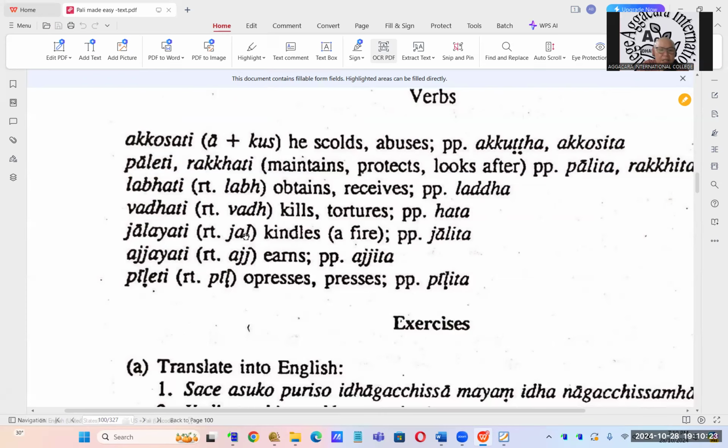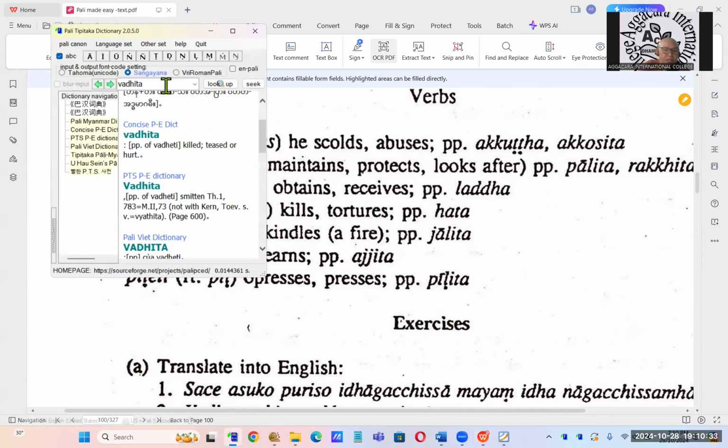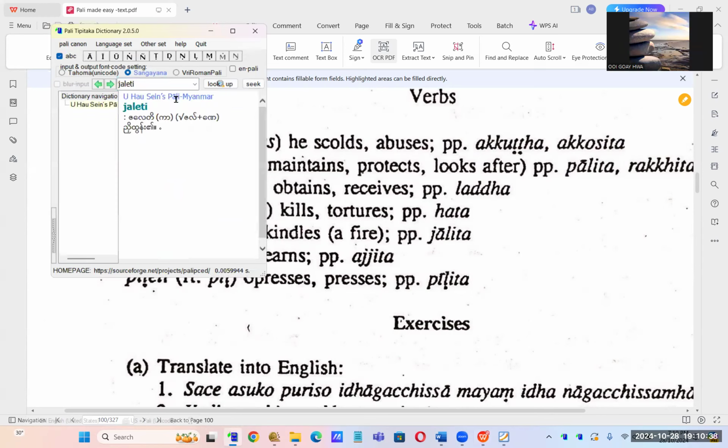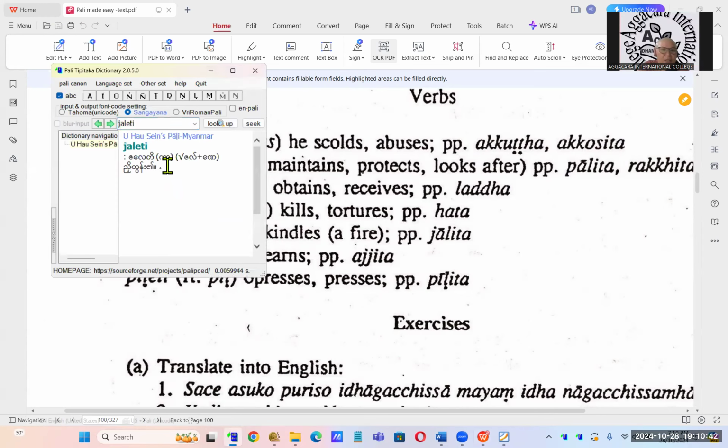Jalayati. Okay. Jalita. Aya. Is it the aya suffix? Aya conjugation sign, maybe. But I think there's another word, jaleti, is it? Jalati. Jaleti. Jalati.